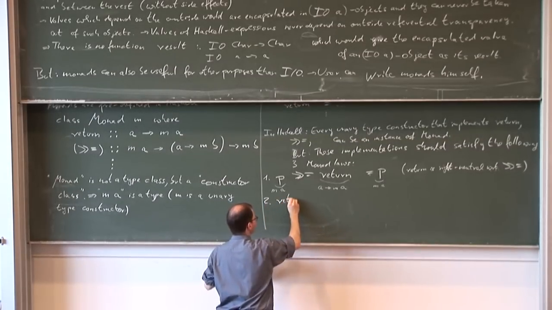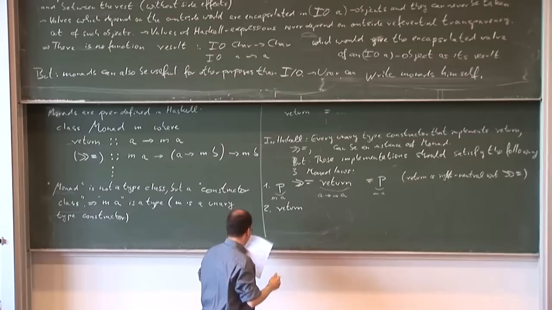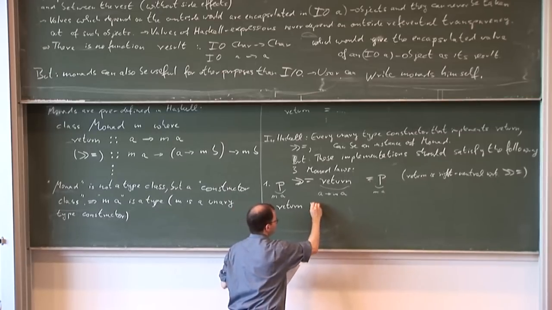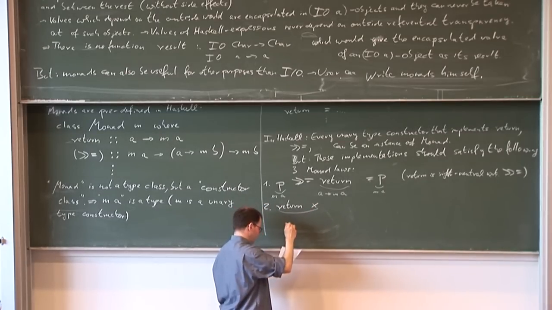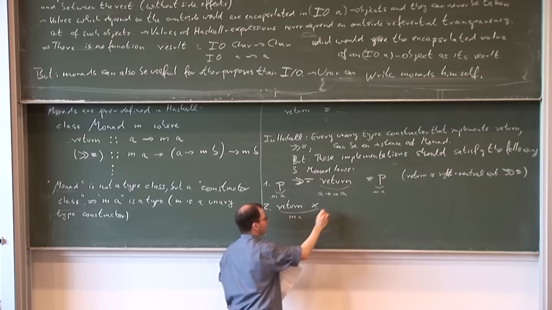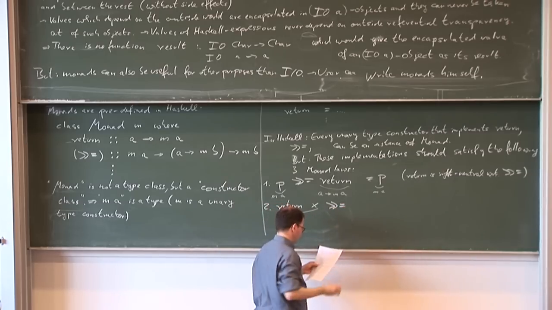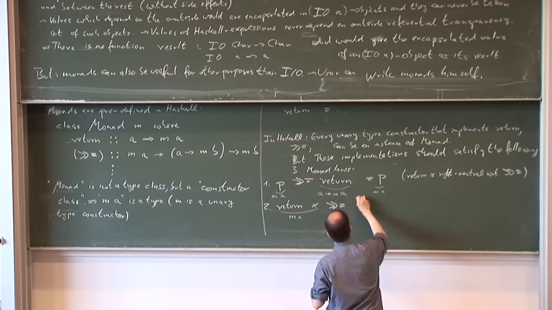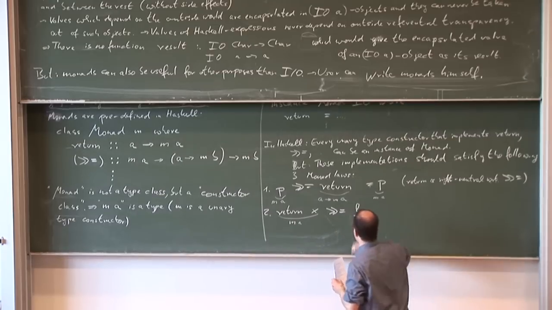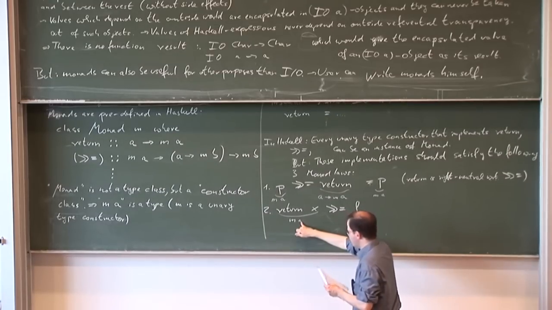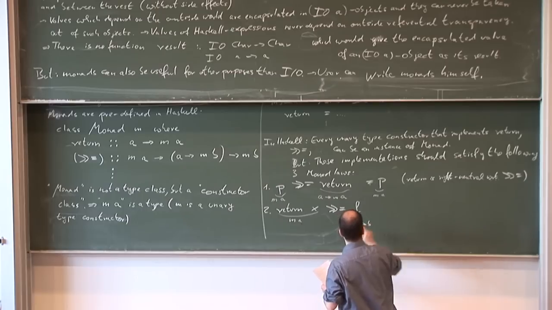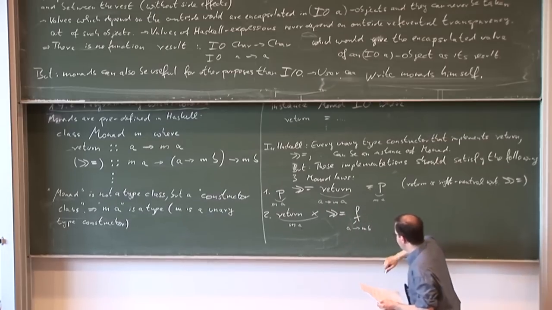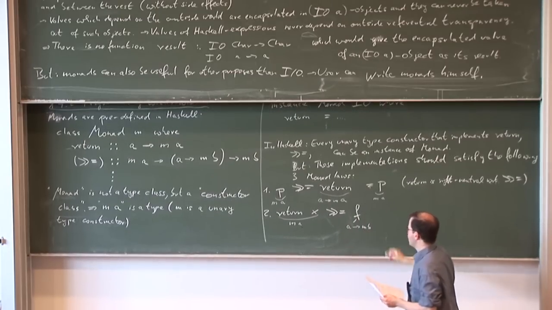So if you first do return, and what do you return? Well, you return anything. So this is an object of type MA. And then afterwards, you do something else. So you do some f. And f is a function which takes this a and then does something else, some mb, so some monad object where b is encapsulated.